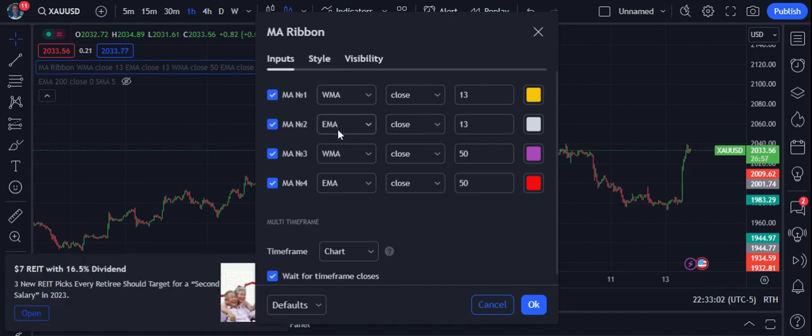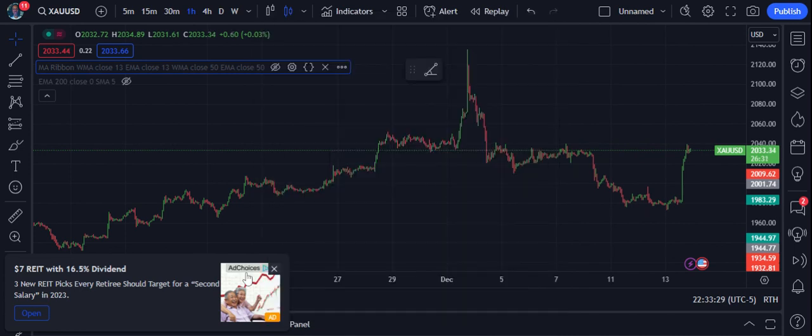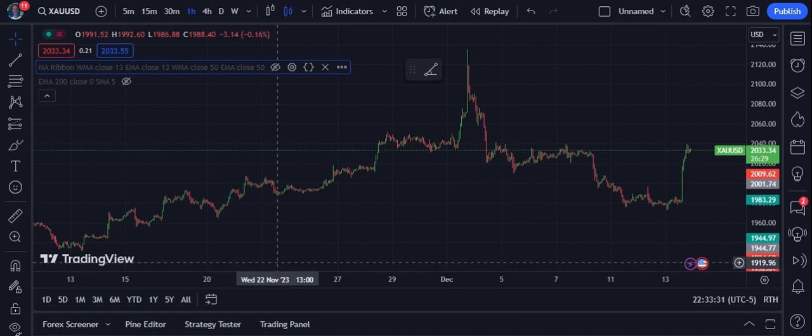I'm also going to use the 13 EMA, which is the 13 exponential moving average. I'm going to use the 50 WMA, the 50 weighted moving average, and the 50 EMA, the 50 exponential moving average. So those are the four types of moving averages that I currently use for my trading. And the time frame that I currently use is the 1 hour time frame.